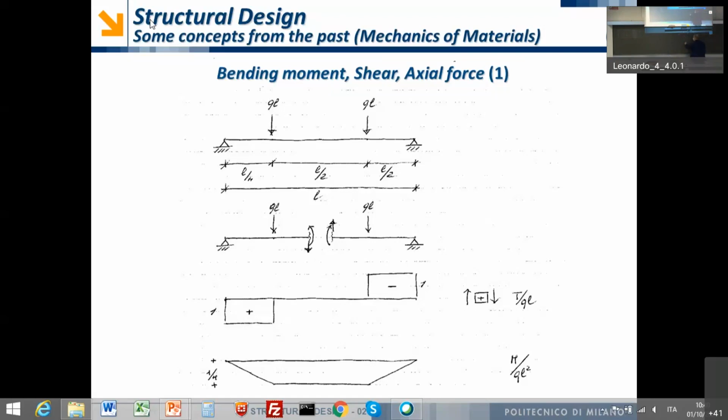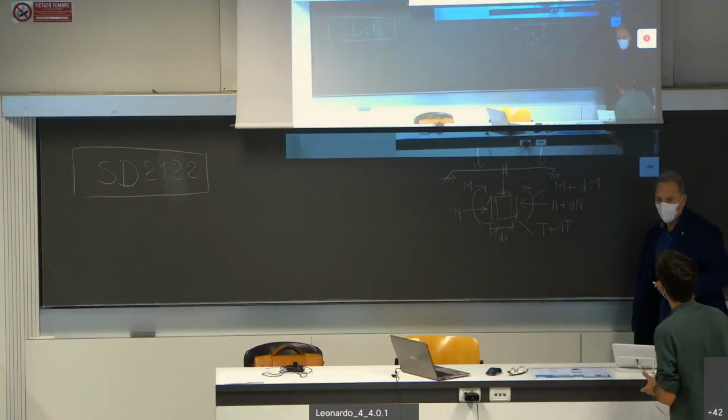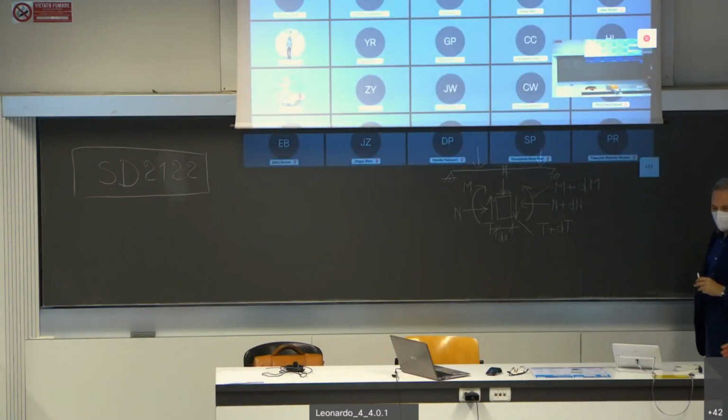Generally, if I denote this one as N, this one as T, and this bending moment as M, and I move from this cross-section of a piece along the length of the beam, on the other side I will have N plus the variation of N, dN, T plus the variation of T, dT, and the bending moment plus the variation of the bending moment, dM.